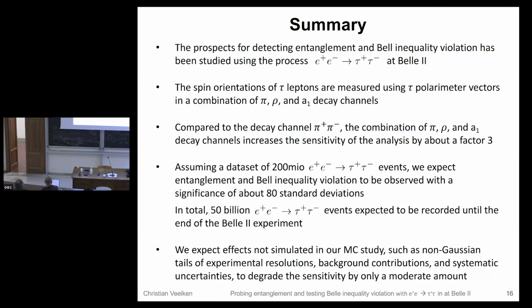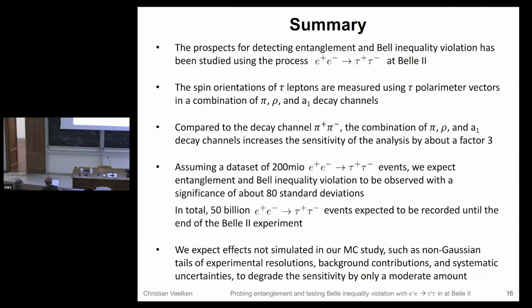And I hope that you agree with my assessment that going from 80 sigma to 5, based on the fact that we only see a factor 2 degradation with all the reconstruction and experimental resolutions that we did take into account in our study combined, it's only a factor 2, that the 3 effects that we didn't take into account will not degrade the sensitivity by a huge factor, but by some moderate amount.